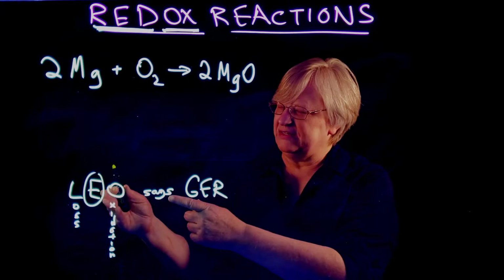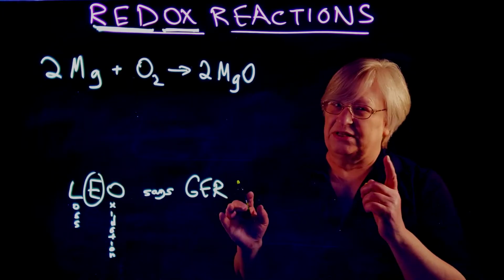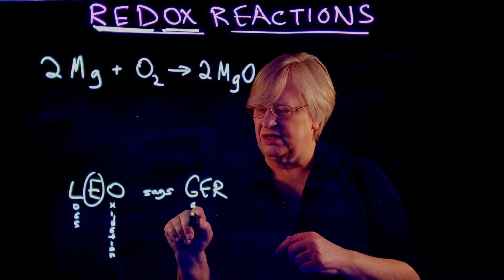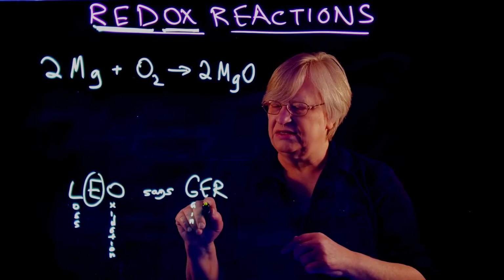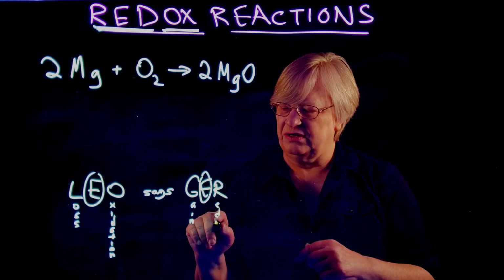So loss of electrons means oxidation. Grr is the noise that the lion makes, so that is to remind us that when an atom gains electrons, it's undergoing reduction.